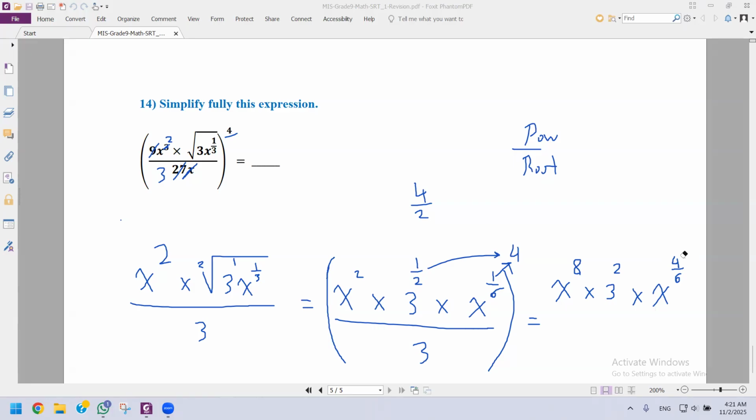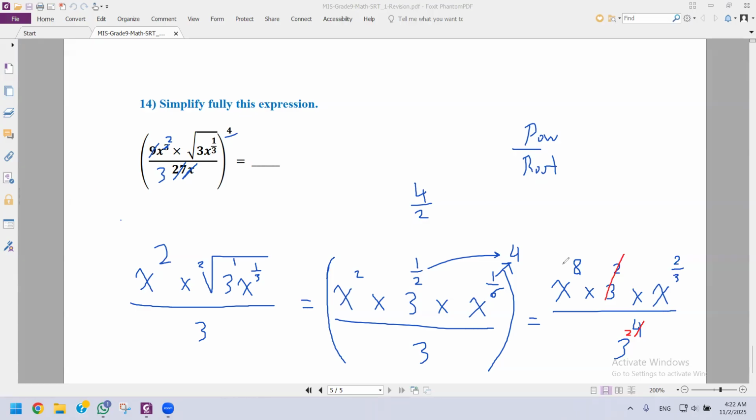So 4 will be 2, and 6 will be 3. 2 over 3. And down what do I have? 3 to the power of 4. Now, can we simplify? Yes. Let me cancel 2 of the 3s, and 2 from here, I will have only 3 power 2.